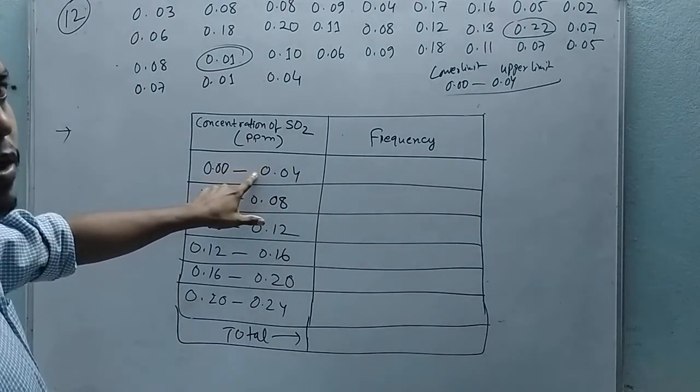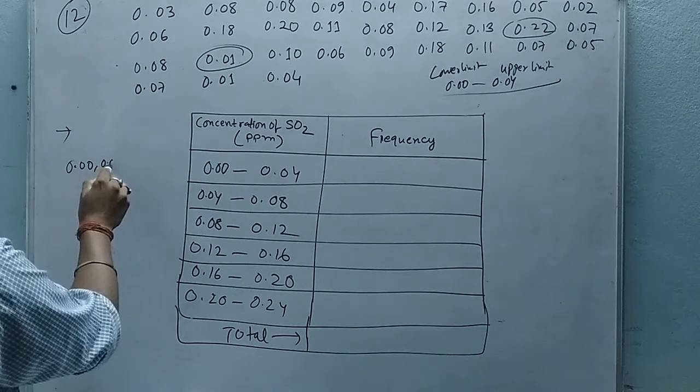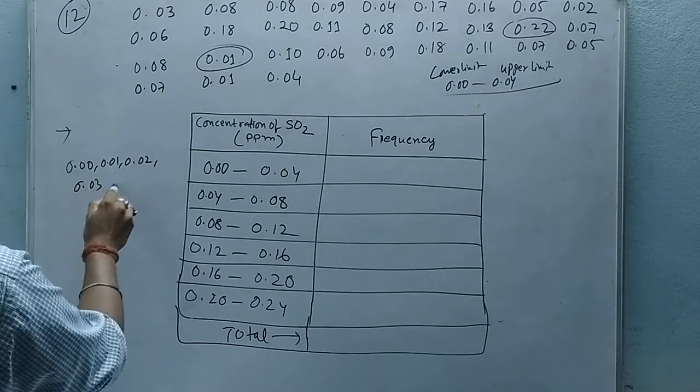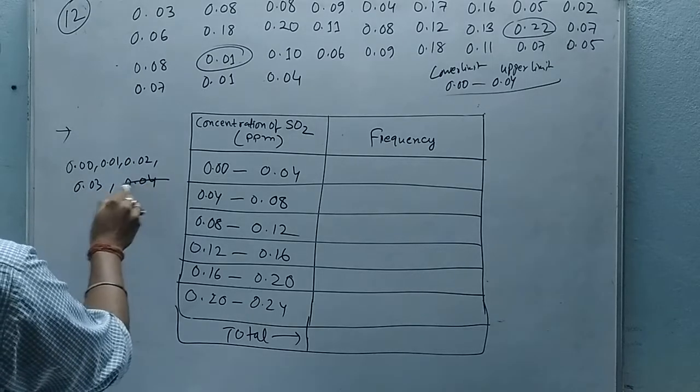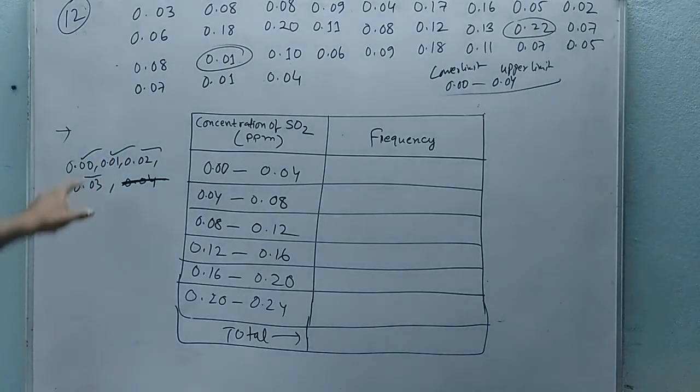Only we will take 0.00, 0.01, 0.02, 0.03, and 0.04 we will not take. Only find these numbers, 0.00, 0.01, 0.02, and 0.03.